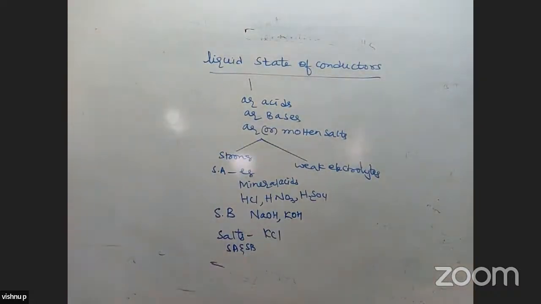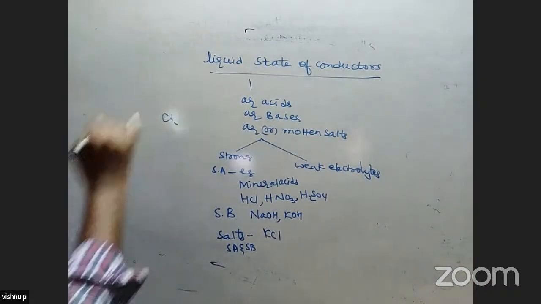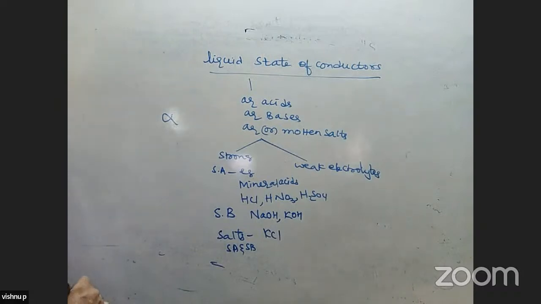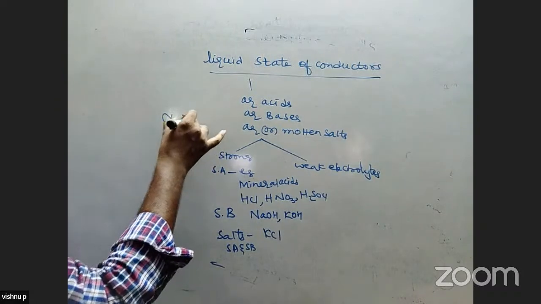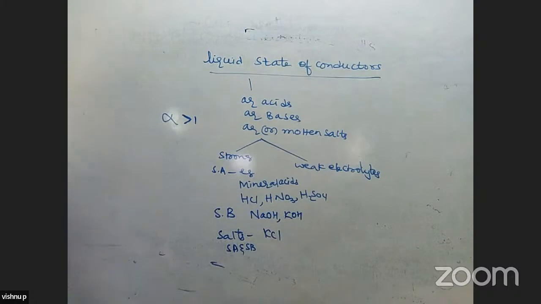For strong electrolytes, alpha, the degree of dissociation, is close to 1.